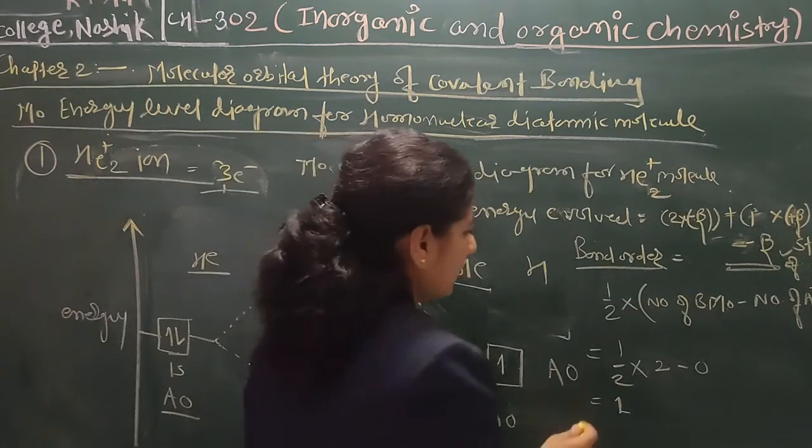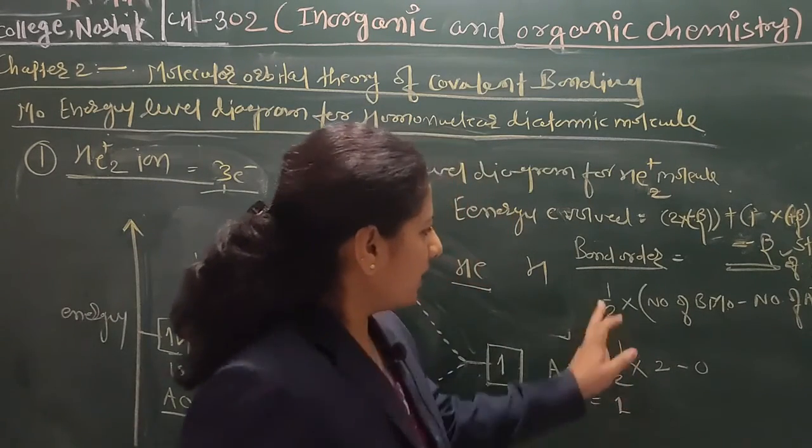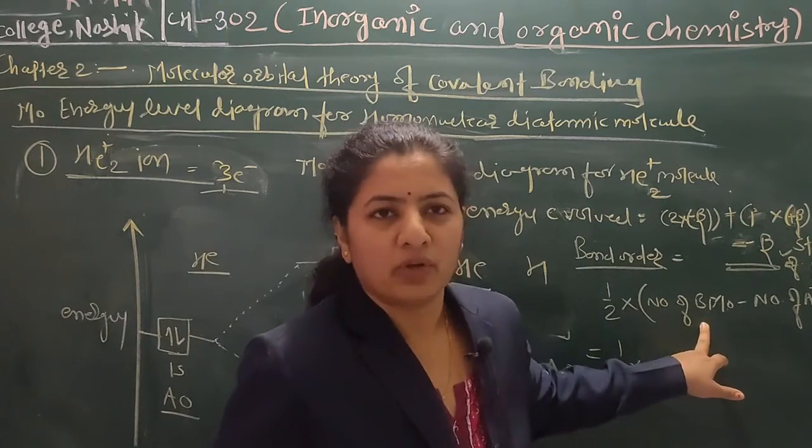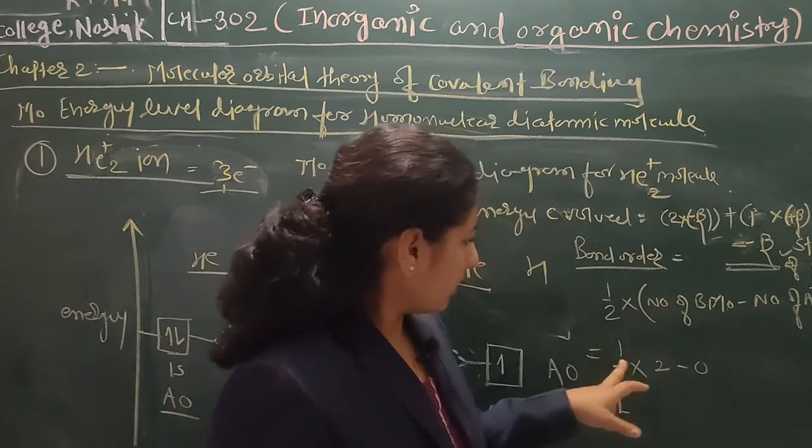Now we will discuss. As we know, the bond order is nothing but half into the number of bonding molecular orbital electrons minus the number of antibonding molecular orbital electrons.